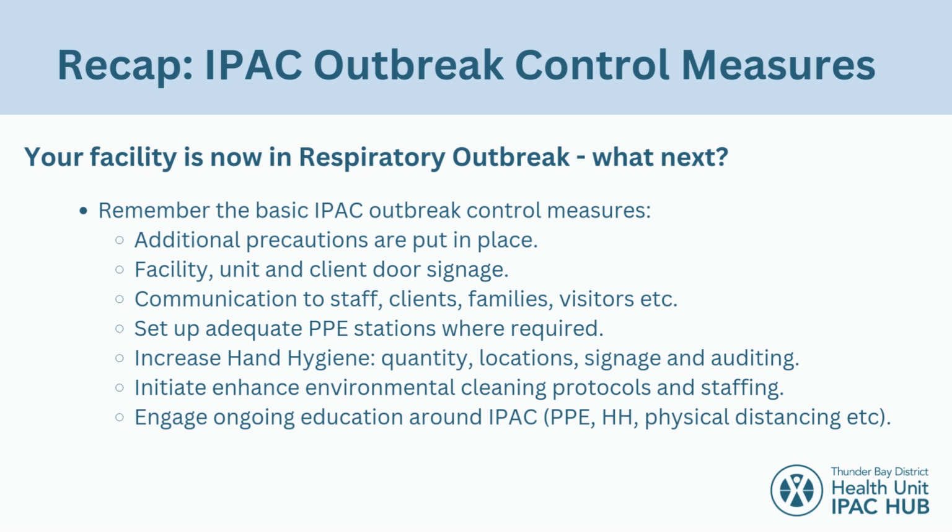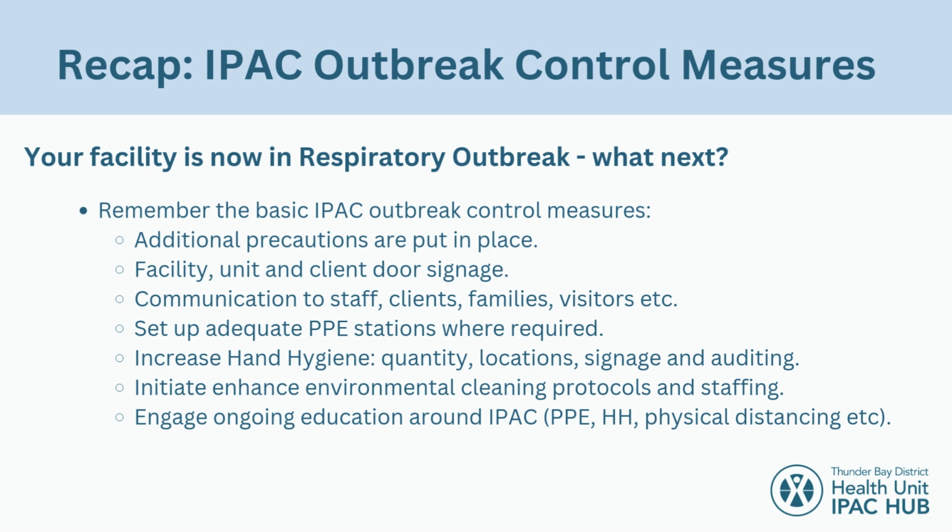Got to get those PPE stations set up for your precautions. You want to look at increased hand hygiene, so you're looking at quantity of supplies, locations of supplies, signage to indicate when it is required and to remind people, and also auditing, if you're able to achieve that. Initiate enhanced environmental cleaning protocols and staffing.